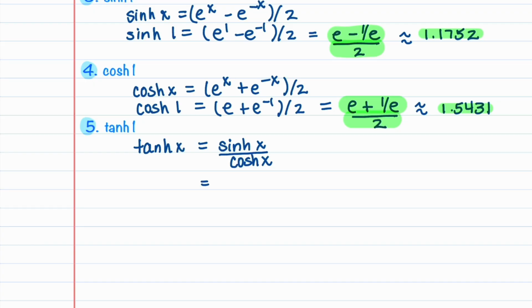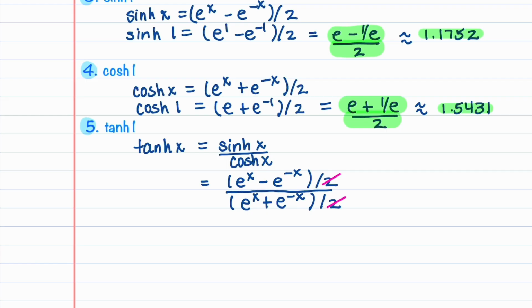Now we're going to plug in what sinh is. So this is e to the x minus e to the minus x divided by 2. And then cosh is the same thing, but there is a plus. So we have e to the x plus e to the minus x divided by 2. The 2's cancel each other out.